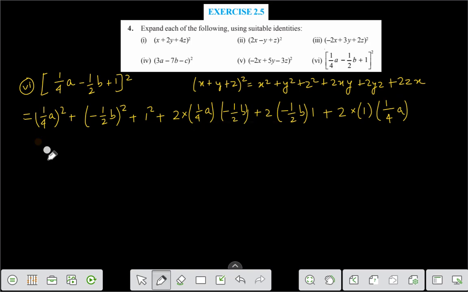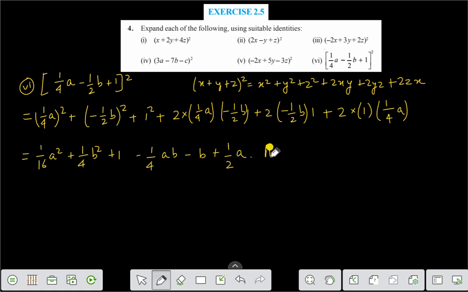Therefore, we are getting 1 by 16a square plus 1 by 4b square plus 1 minus, these two will cancel, 1 by 4ab, minus 2 into 1 by 2 is b, minus b, plus 2 into 1 by 4 is 1 by 2a.